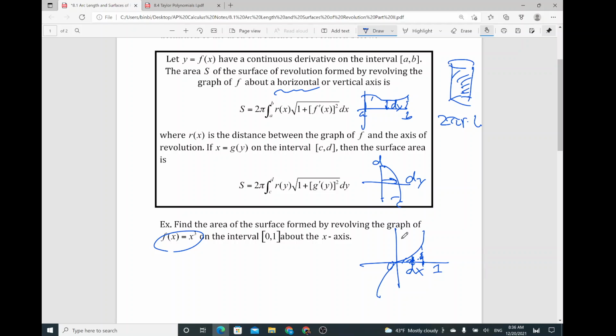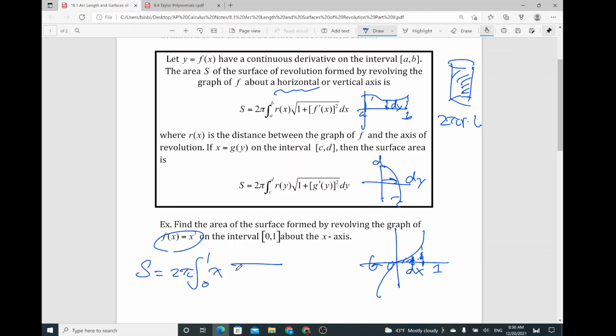The way to set things up, the surface area is 2 pi integral from 0 to 1. And r of x, again, is just the radius between the curve and the x-axis, the axis of revolution. There's no space or gap in between, so we just use r of x as x.